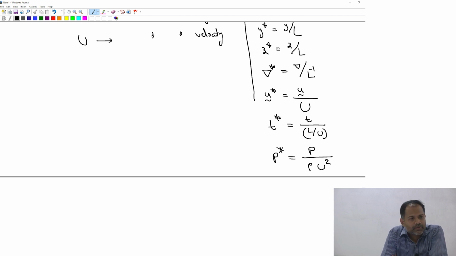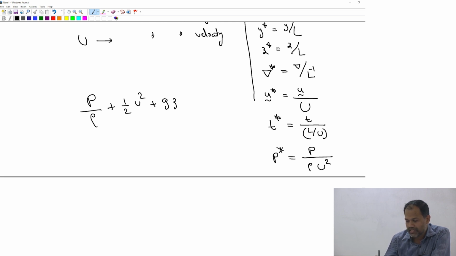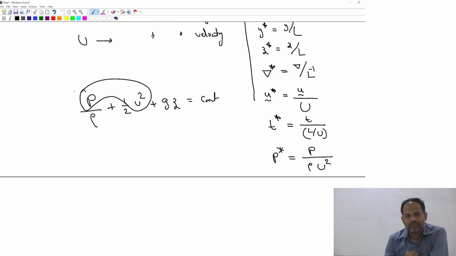One way of thinking about it is Bernoulli's equation, P by rho plus half u square plus gz is a constant. So you can see that P would be like rho u square, or P could be like rho g z if hydrostatic pressure was more important. By selecting P like rho u square, we are saying that in the problem it's likely that my pressure will act like rho u square. That's the only reason we have selected it.